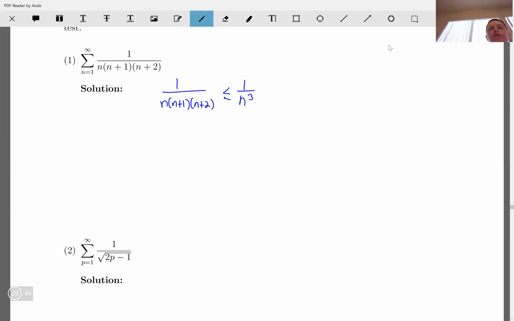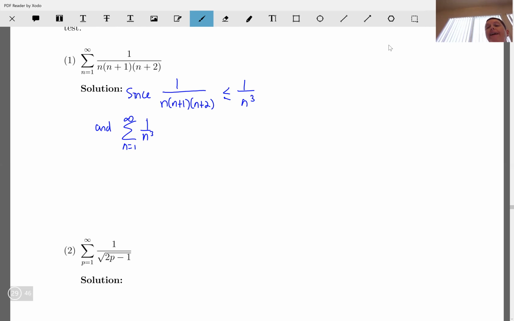We know this is true because I'm multiplying n times a couple of things that are larger than it, which means that the denominator is bigger than n cubed, and a larger denominator means a smaller fraction, if the numerators are the same at least. Do we know anything about the summation n going from 1 to infinity of 1 over n cubed?